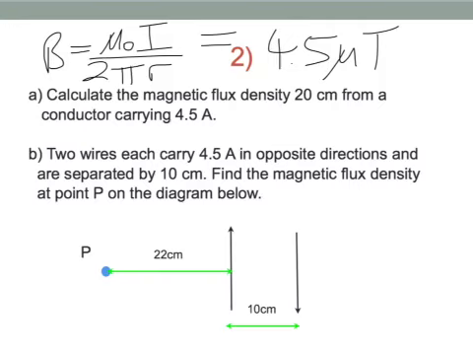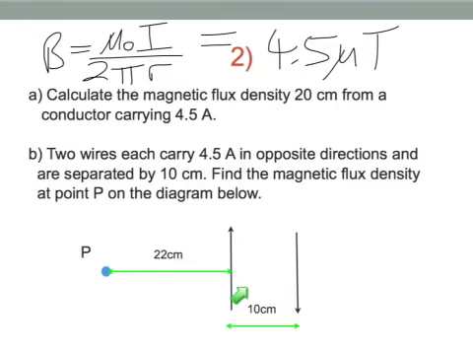And B, 2 wires each carry 4.5 amps in opposite directions and are separated by 10 centimetres. Find the magnetic flux density at point P on the diagram below. So to find the magnetic flux density there, we need to consider the magnetic field flux density caused by this current in this wire, using this equation again, and also calculate the magnetic flux density caused by this current in this wire.